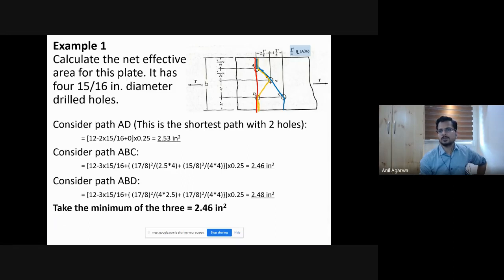These are the only 3 possible paths which have any likelihood of governing. The difference between the ABC and ABD paths is that the distance BD is 2 and 1/8 of an inch, and the distance between B and C in this direction is less than that. So ABC probably will be preferable over ABD. We will see that. And then there is AD, of course, the direct path. All you have to do is calculate the net area considering the total path AD, the path ABC, and path ABD.